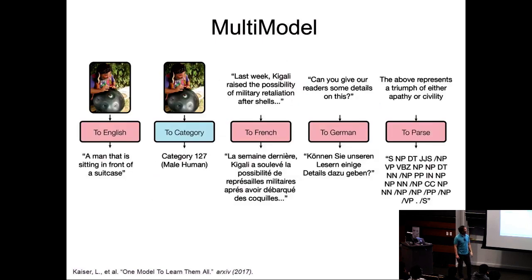Here's an example where your input could be an image, and it could output a caption, or your input could be an image and you output the category, or your input could be a language and you can output a French sentence, or German, or your input could be an English sentence and you can learn to parse. So you basically have one gigantic model that tries to do all of these tasks at the same time, right? And obviously there's some parameter sharing that happens.